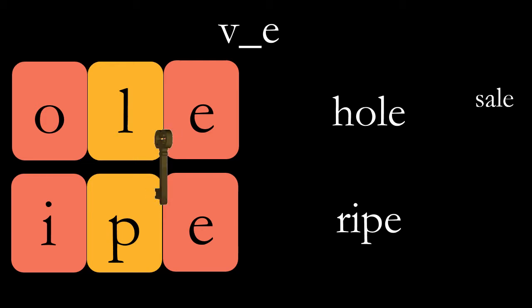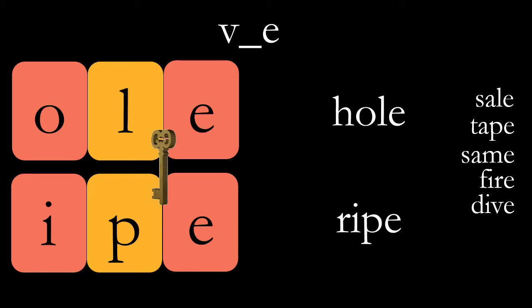But along comes the E, that magic silent E, and it turns ol into ole, like whole, and it turns ip into ipe, like ripe. So E is the key. E unlocks that closed syllable. Okay?